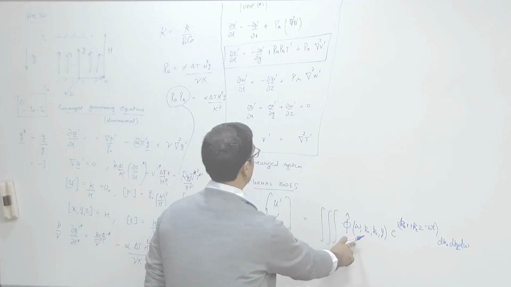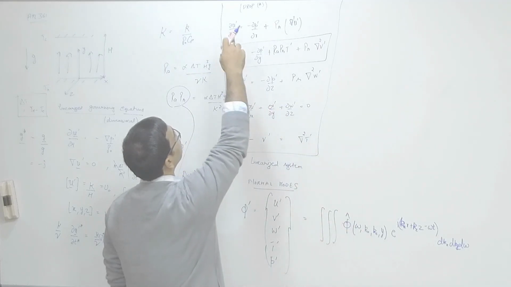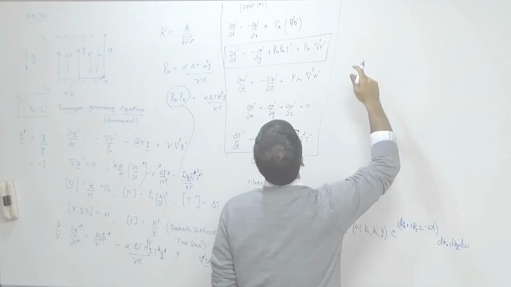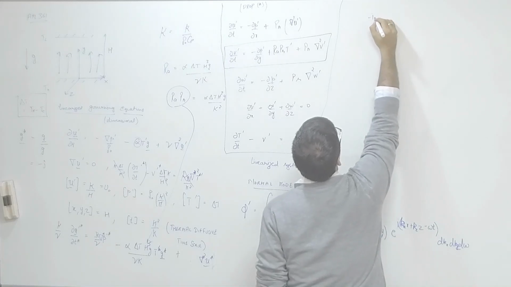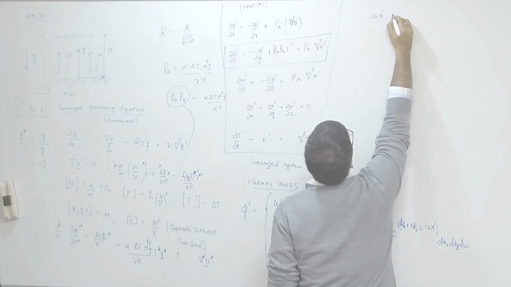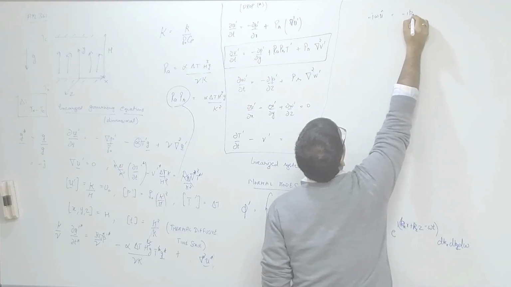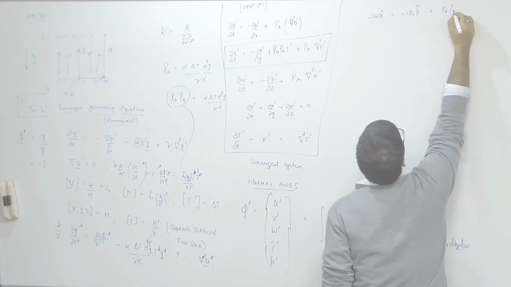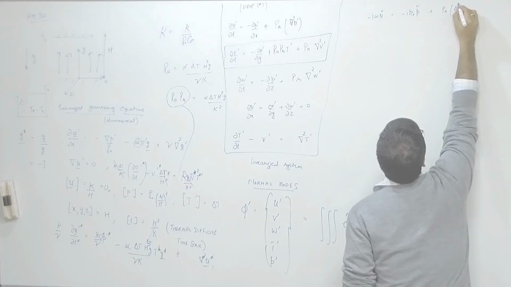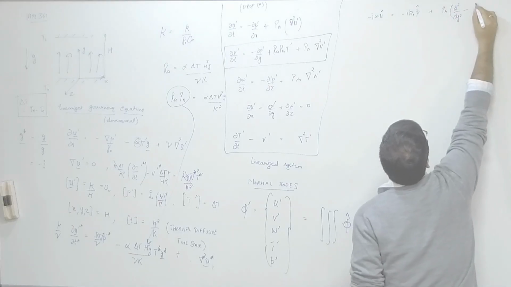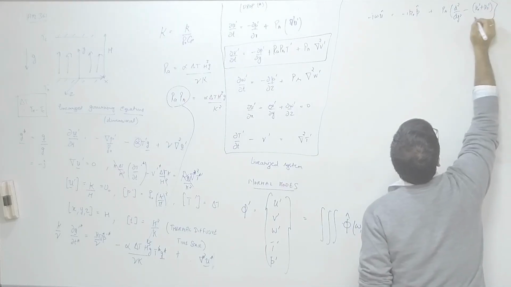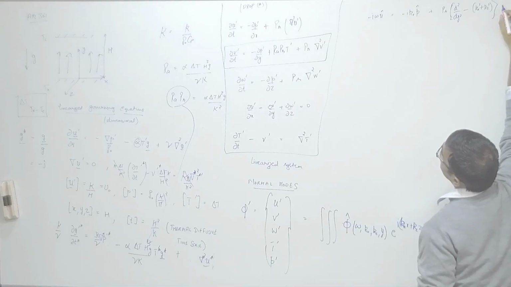So now substituting this for phi prime, we know that all of the partial derivatives in time are going to be minus i omega times. So we get minus i omega u hat equals minus i kx p hat plus Prandtl number times (d2 by dy square minus (kx square plus kz square)) times u hat.